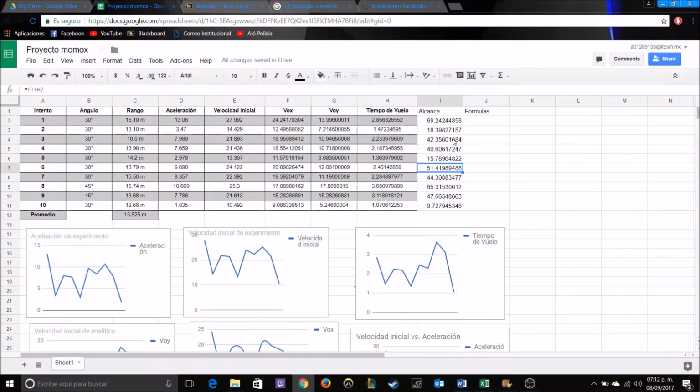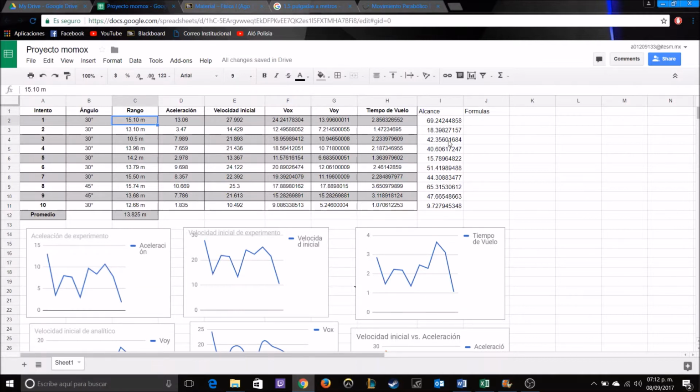As for our conclusions, we can say that we achieved our objective because we proposed to prove that the analytic method is different from the experimental method. So as you can see in these ones, the range in the analytic part is different from the range in the experimental part.